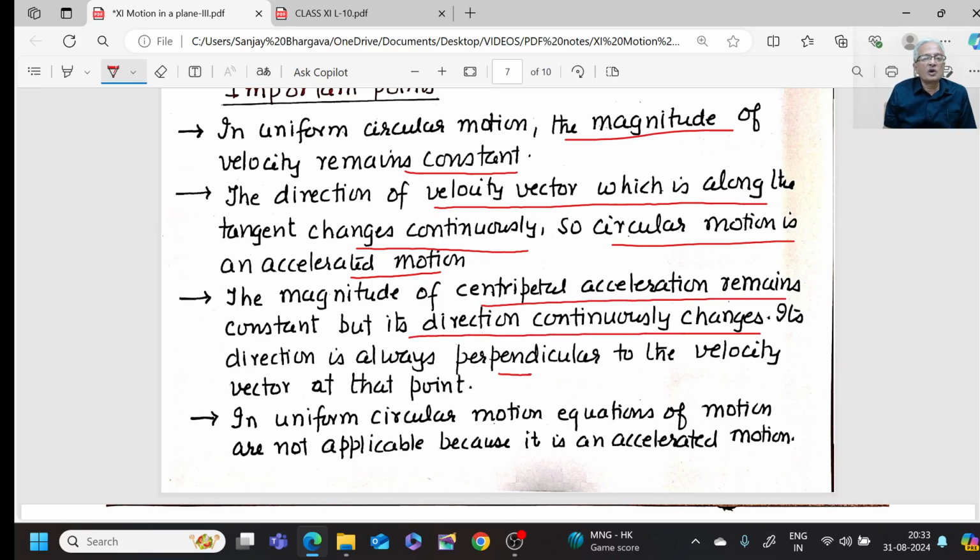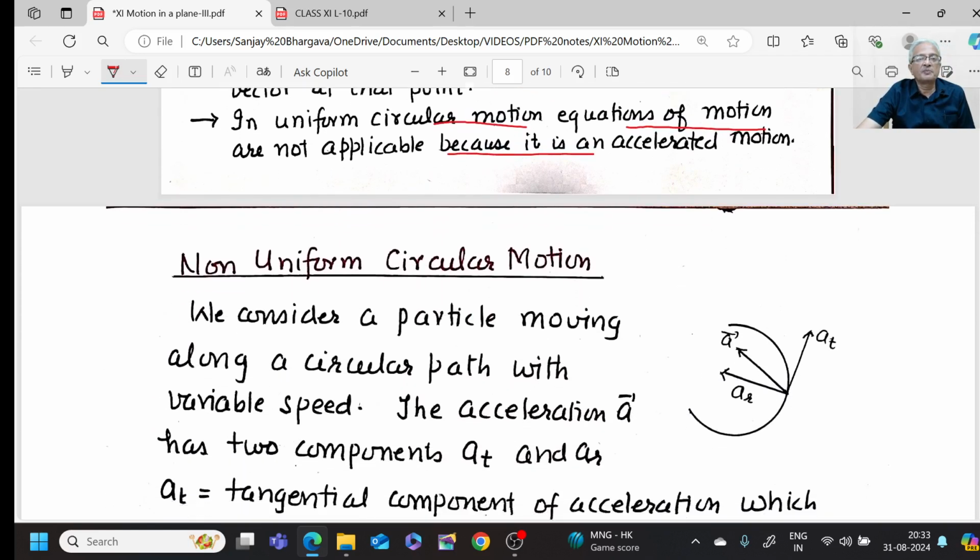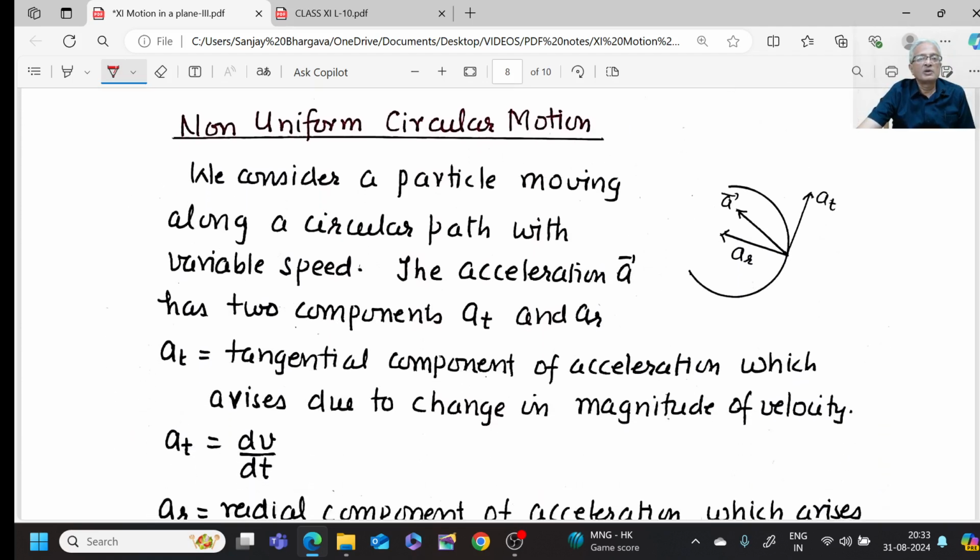Its direction is always perpendicular to the direction of velocity at that point. So in uniform circular motion, equations of motion are not applicable because it represents an accelerated motion. Now let us pick up non-uniform circular motion.